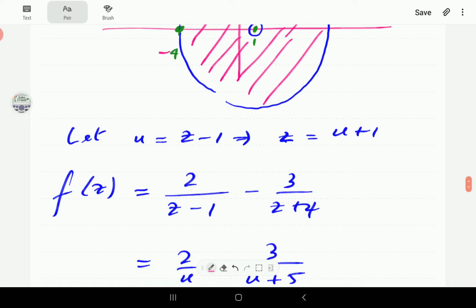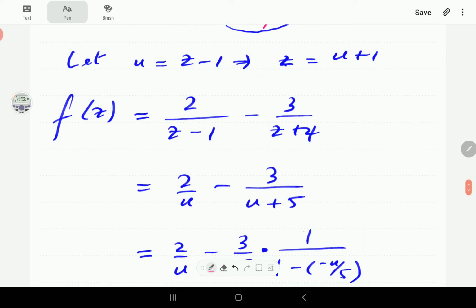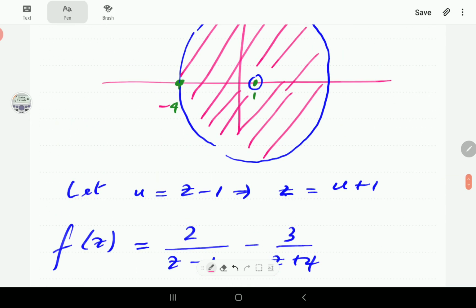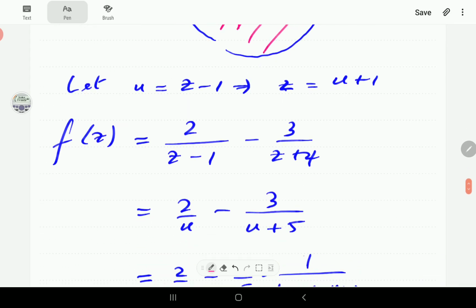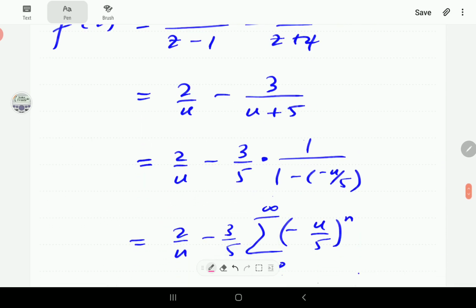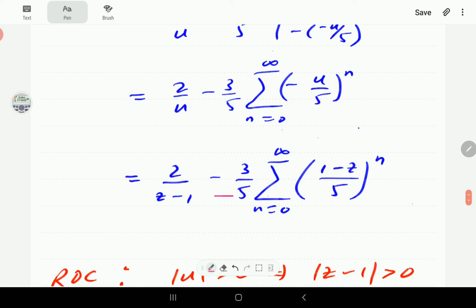So the thing we're going to do is let u be z minus 1, so z is u plus 1. Then f takes this form here, in which case this one is already in terms of powers of u. Since we're looking for the region inside the circle, here we're going to factor out the constant, and then the series ends up looking like this.